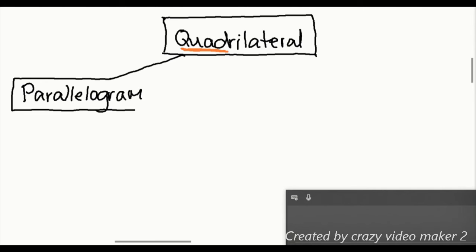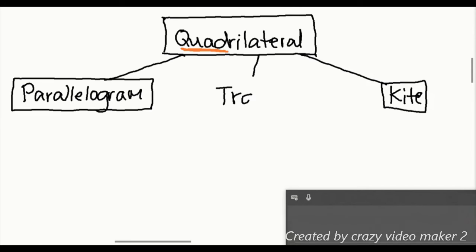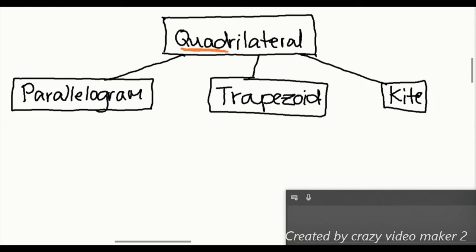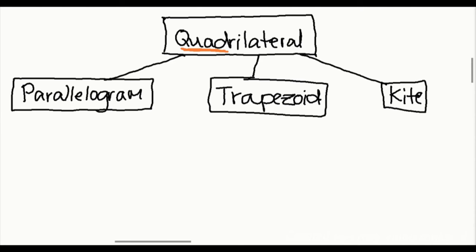Then quadrilateral has 2 other kids. Quadrilateral has kite, and quadrilateral also has trapezoid. So quadrilateral has their 3 kids, parallelogram, trapezoid, and kite. So with our parallelograms, we learned about different properties of those parallelograms. We are going to learn more about trapezoid and kite a little bit later.